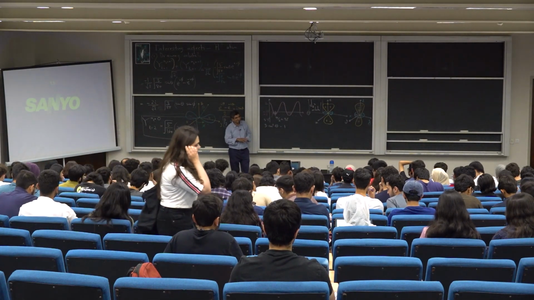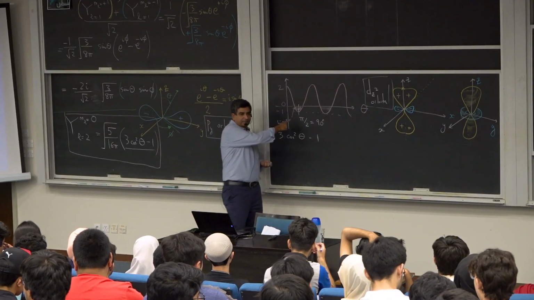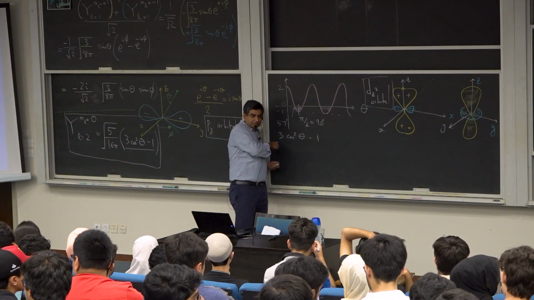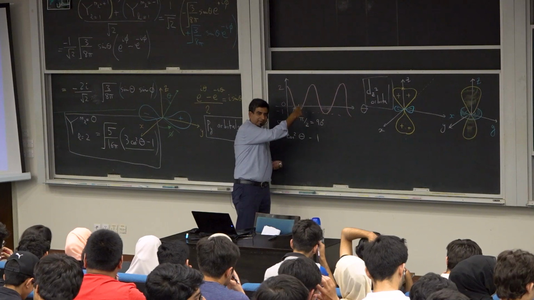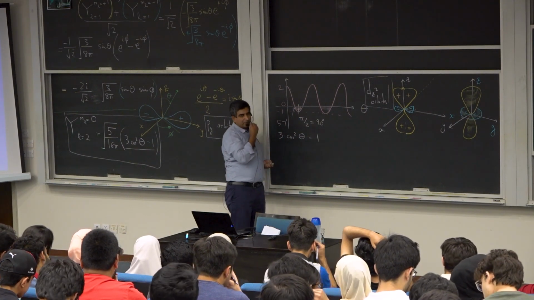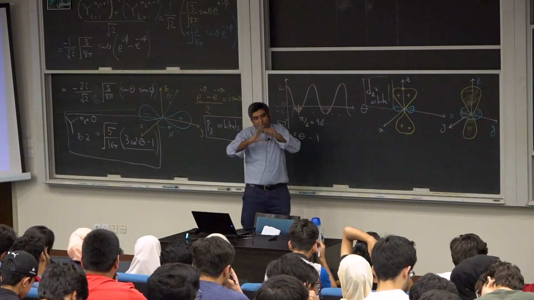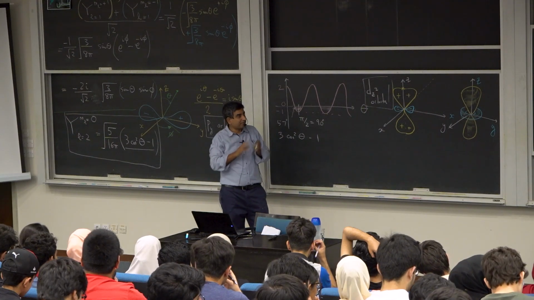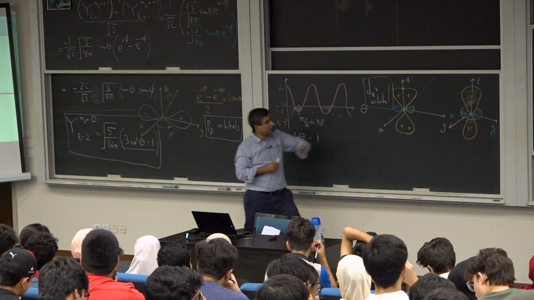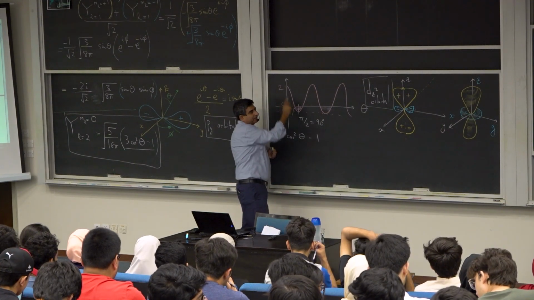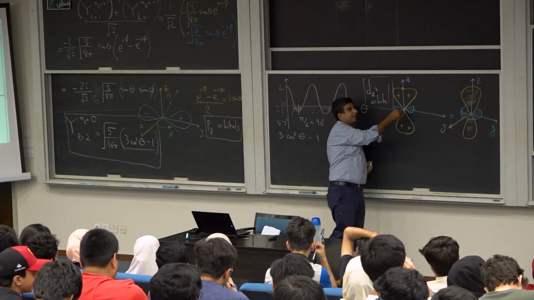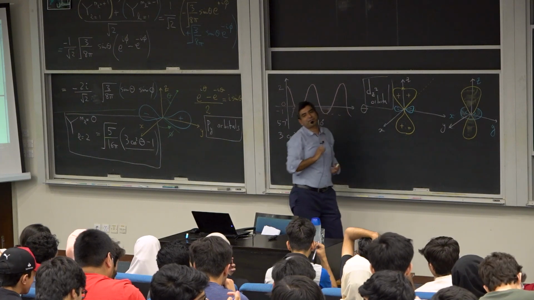From this graph, this is the graph of 3 cosine square theta minus 1. All right? Do you understand this graph? Now what I would like to do is draw what the orbital looks like in a polar plot. This is a polar plot. So I start off at theta equals 0. That's the z-axis. I put a point on the z-axis.